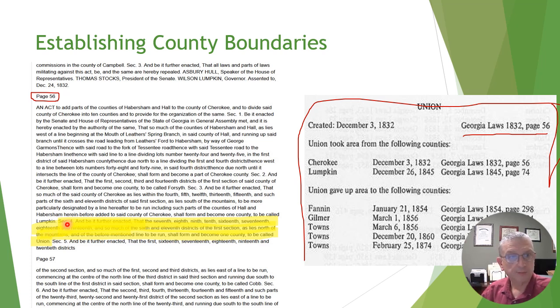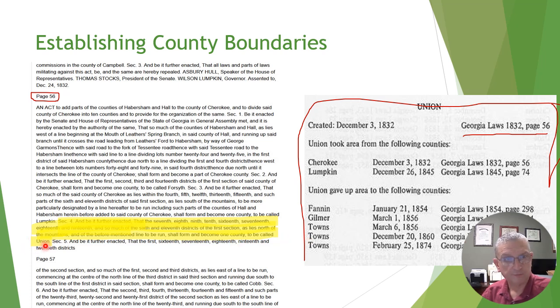In particular, you come down to section 4 of the Acts of that day, and further enacted that the 7th, 8th, 9th, 10th, 16th, 17th, 18th, and 19th, and so much of the 6th and 11th districts of the first section as lies north of the mountains, and of the before mentioned line to be run, shall form and become one county, to be called Union.